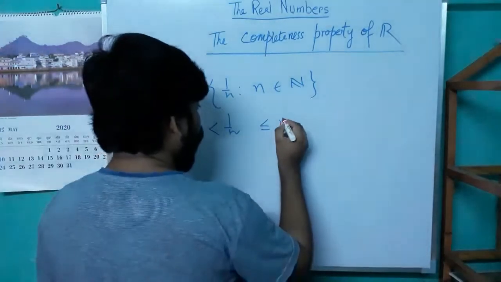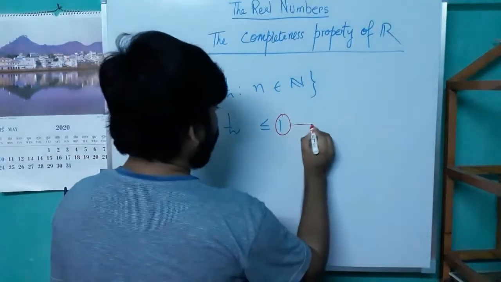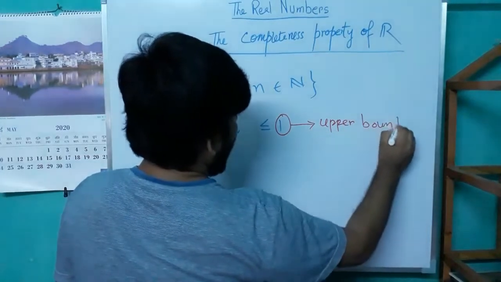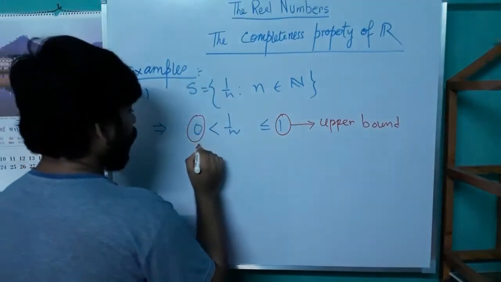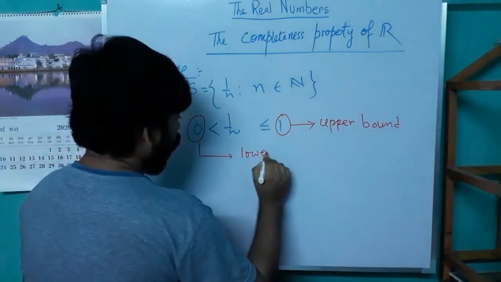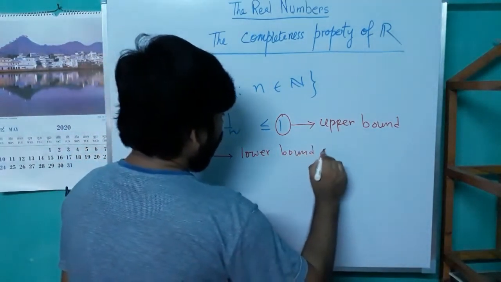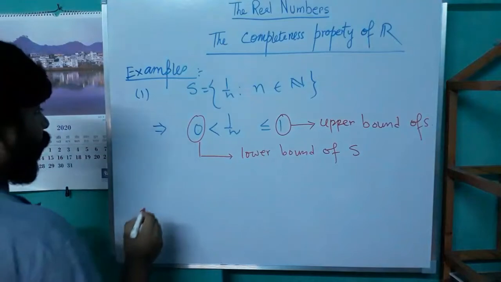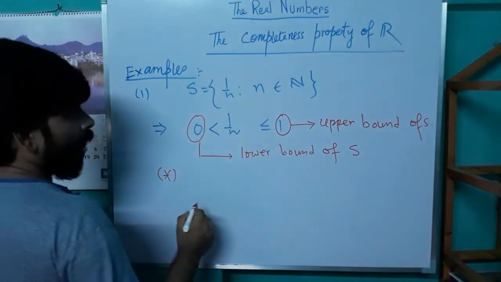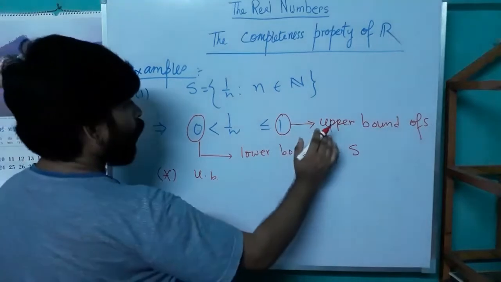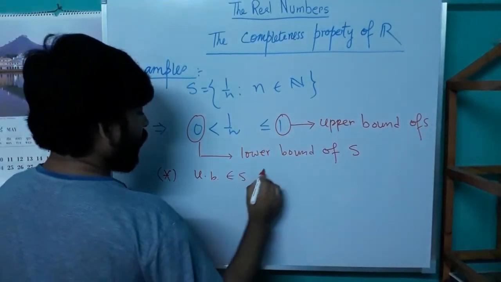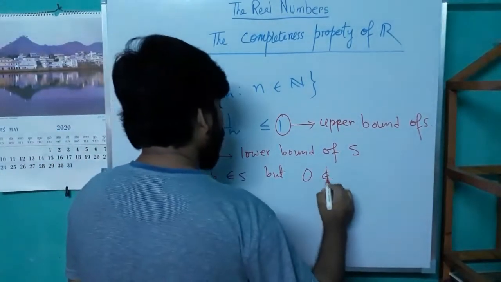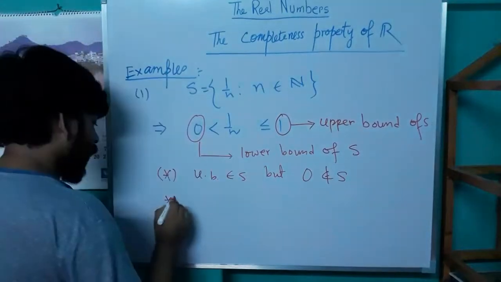Obviously 1 is an upper bound of S and 0 is a lower bound of S. Here we see that the upper bound 1 belongs to the set S, but the lower bound 0 does not belong to the set S.